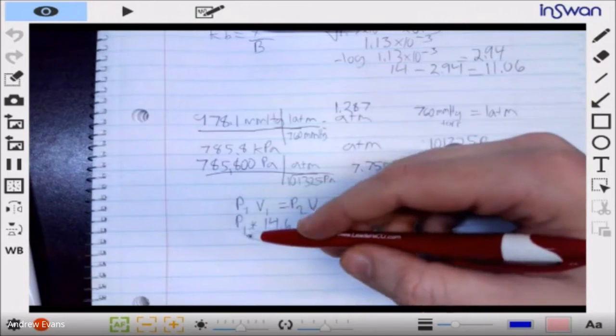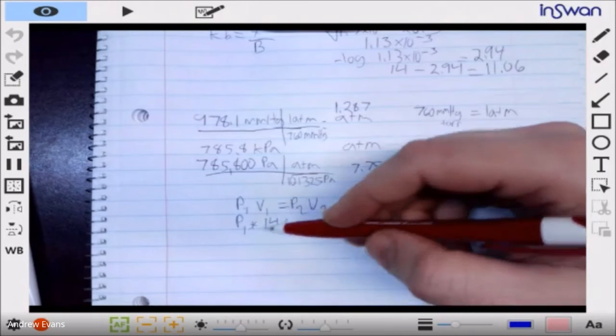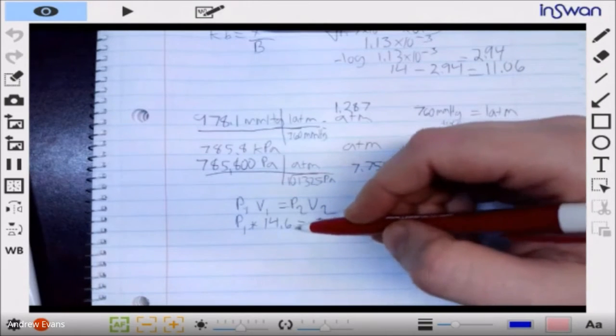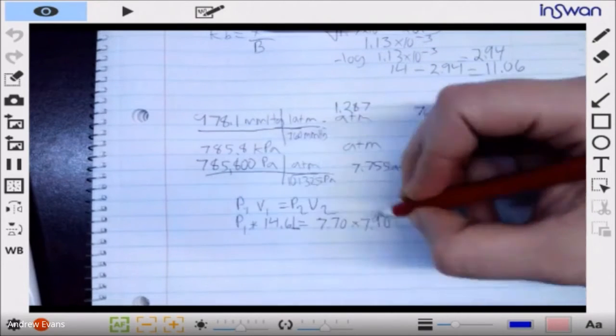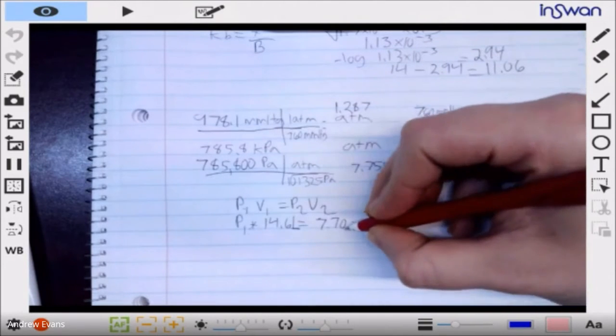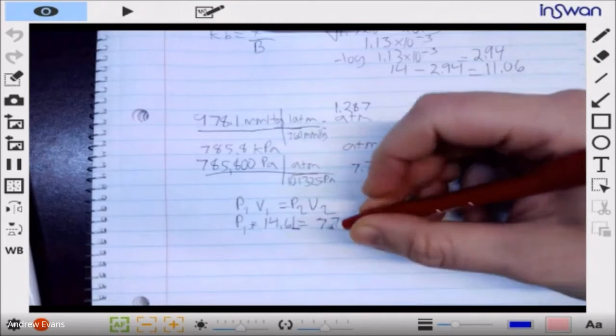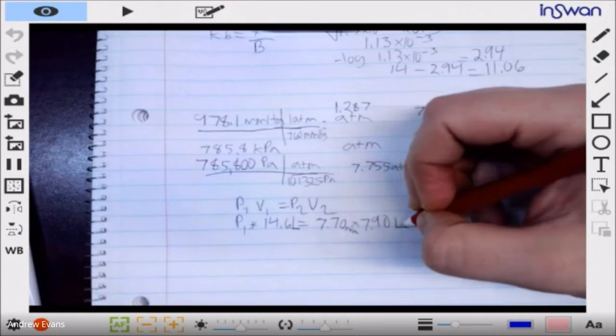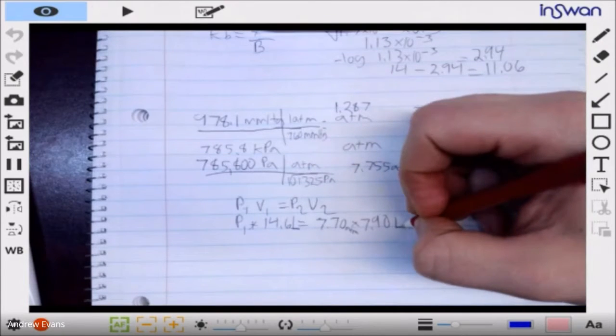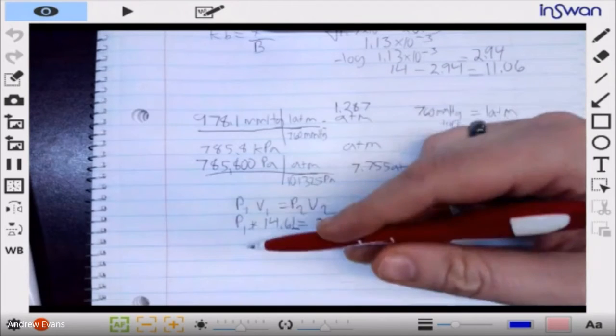Well, we're looking for the initial pressure, when the volume was 14.6 liters. So if the pressure at situation 2 is 7.7 atmospheres, and the volume at situation 2 is 7.9, we can figure this out.